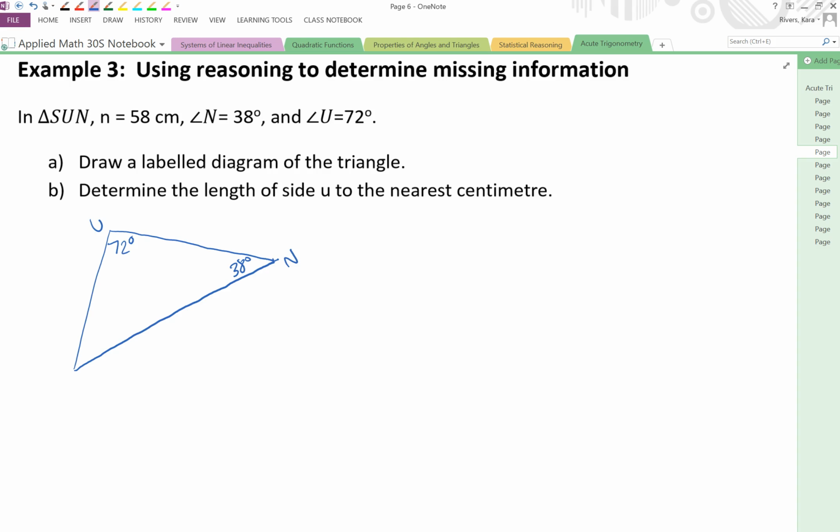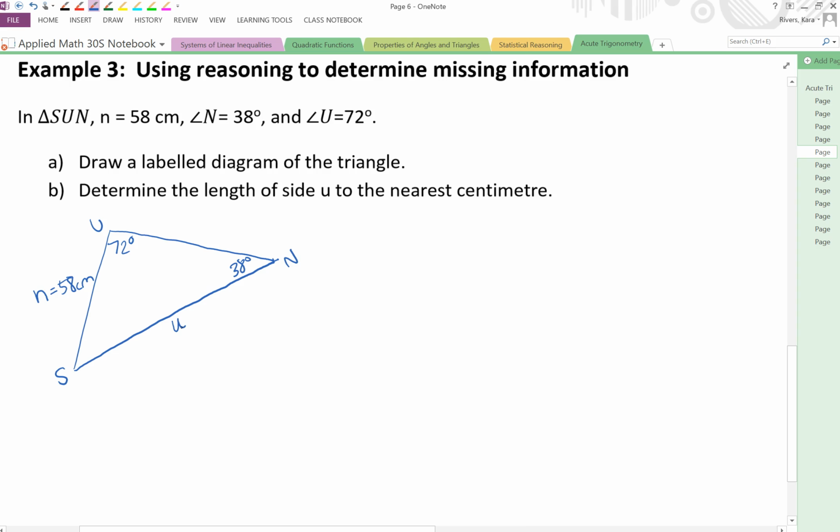So I've labeled angle N 38 degrees, angle U 72 degrees, and we're also given that side n, which would be directly across from angle N, is 58 centimeters. And this is triangle SUN, so this would be S. Now it says draw a labeled diagram. We've done that. Determine the length of the side U. So this would be side U to the nearest centimeter.